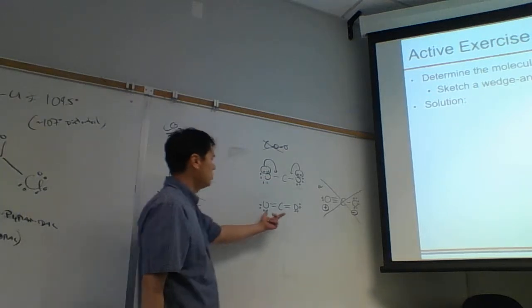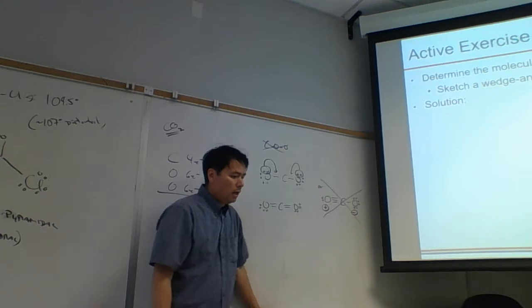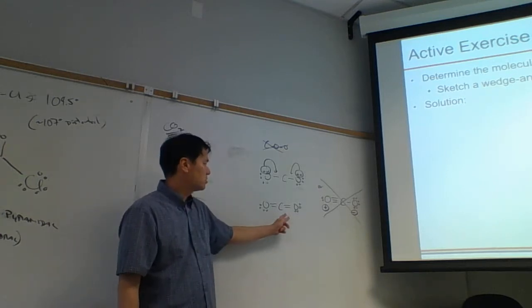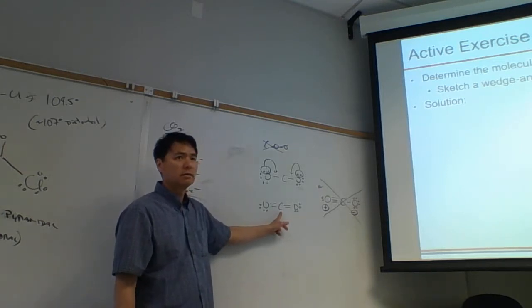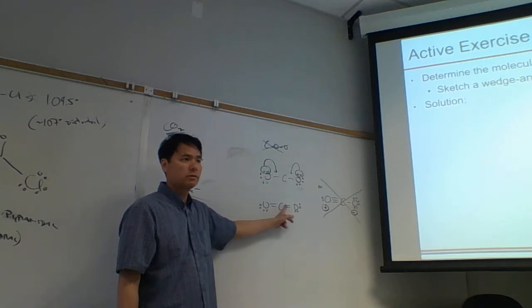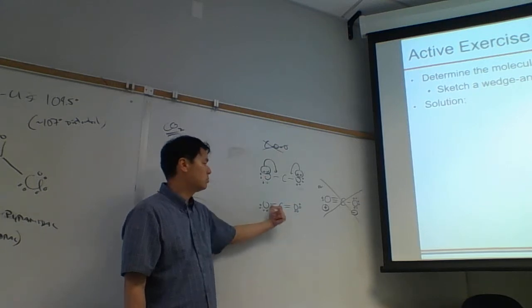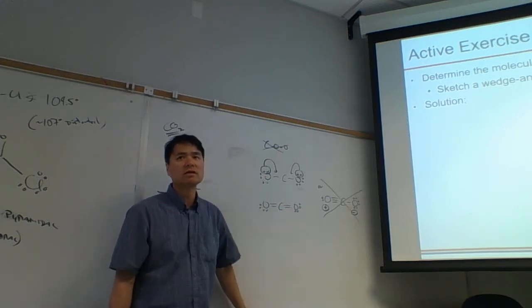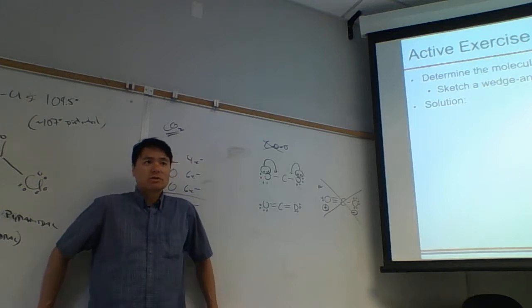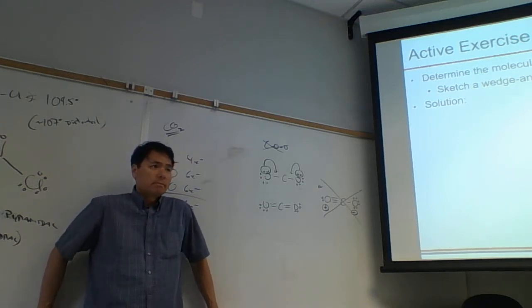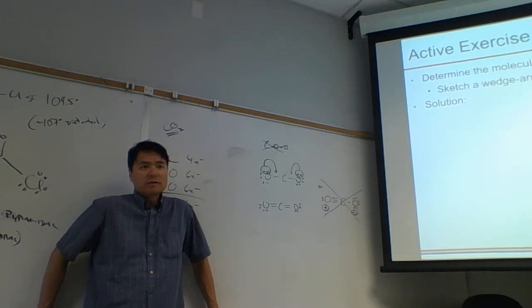Anyway, here we have 2 double bonds. And so how many groups of electrons are around carbon? Do we have 4 groups? That is, we split the double bond here into 2 single bonds and split this into 2 single bonds. No. This is 2 groups of electrons. 2 groups of electrons will adopt what electron geometry? If I have two groups of electrons, how do I want to position those groups?